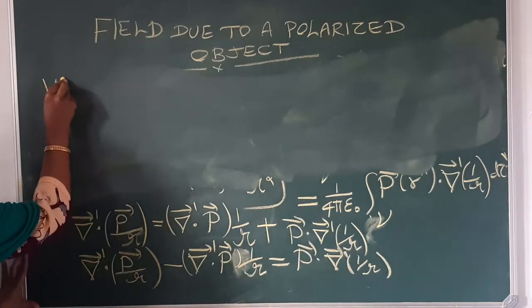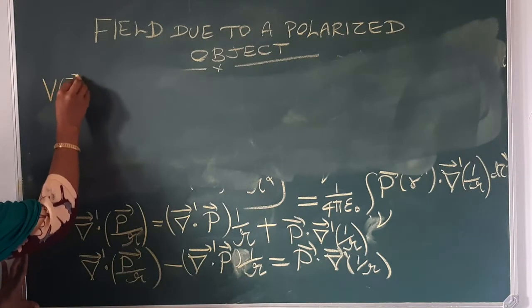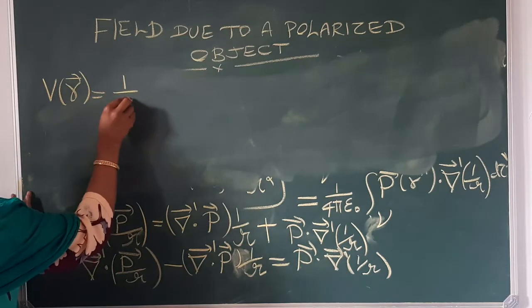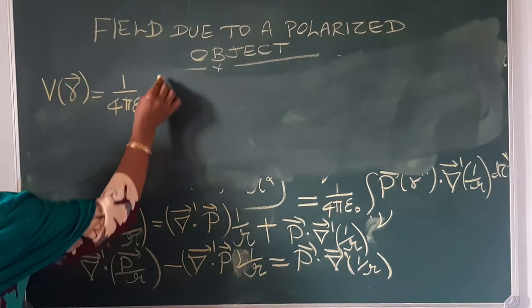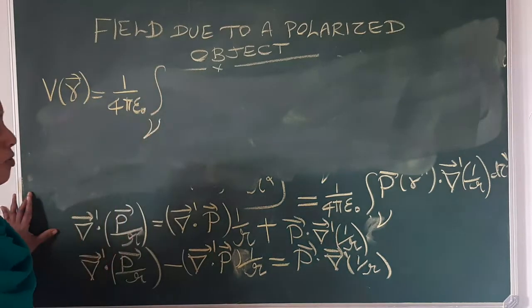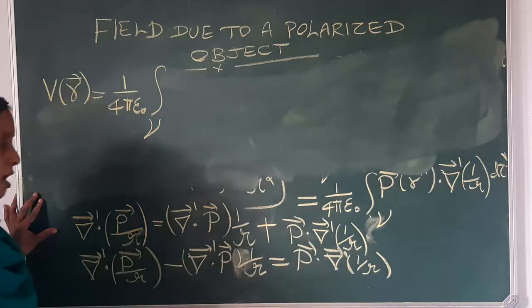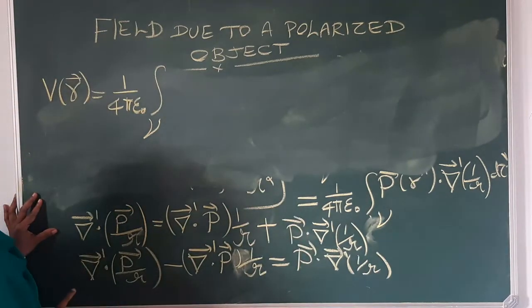So the potential V of R equal to 1 by 4 pi epsilon 0 volume integral of, next term is this one, P dot gradient 1 by R. For that we can substitute this one.